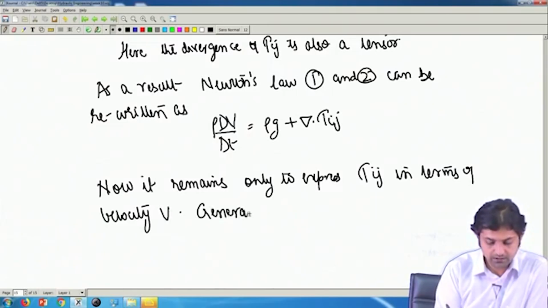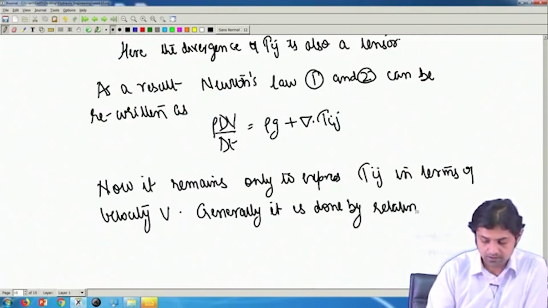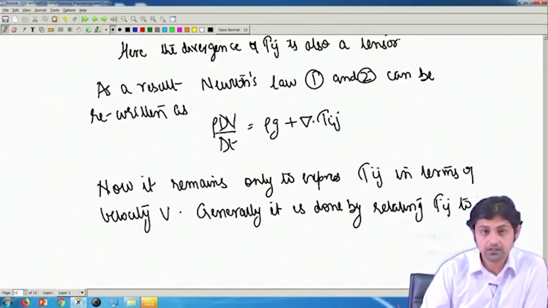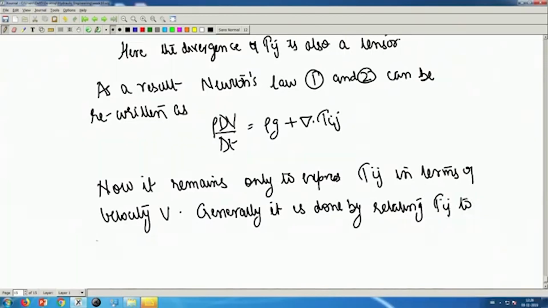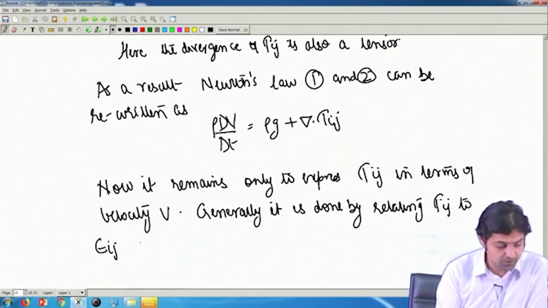Generally, it is done by relating tau ij to strain epsilon ij. You remember we derived epsilon ij in terms of the velocities in our first lecture of this module.